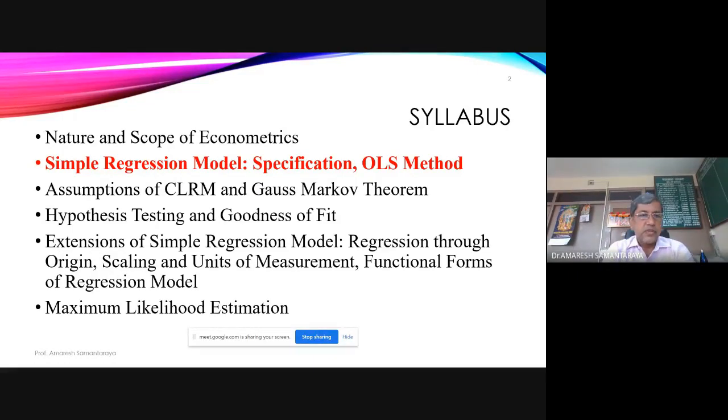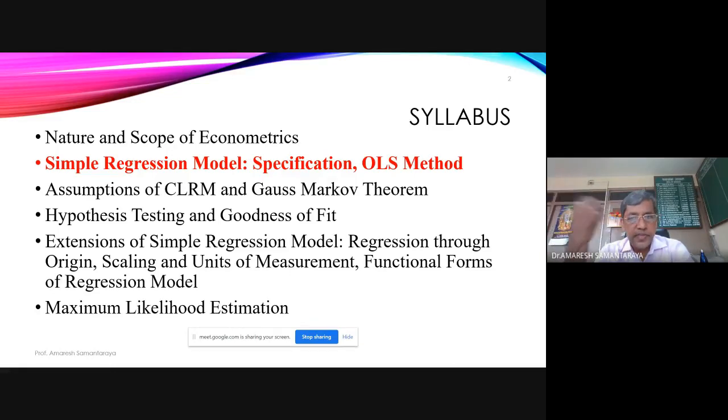Right. So this is our syllabus, and the nature and scope of econometrics we discussed in the last class. Today, and perhaps tomorrow, these two sessions will discuss the simple regression model. As I said in the last class, this involves two variables, one dependent variable and one explanatory variable. We'll first discuss the specification of that model. To begin with, we need to know how to specify a model.